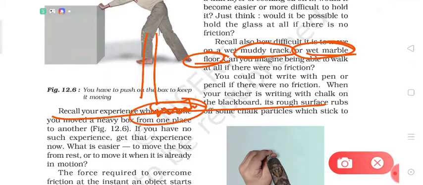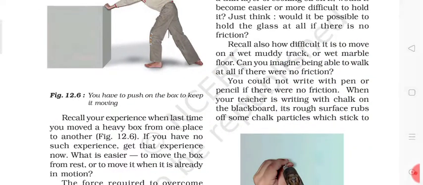So in these situations we want to increase the friction, and this is why the soles of your shoes, the soles of your chappals always have certain irregularities over them, so that there is more friction between the floor, between the road and your shoes.